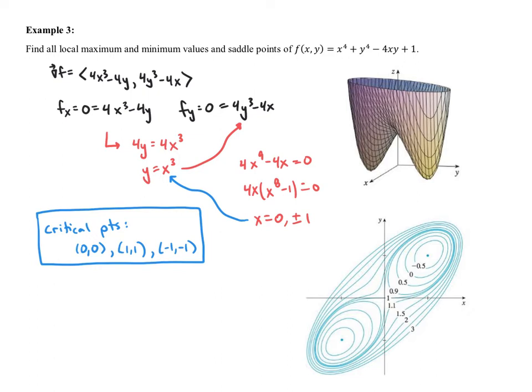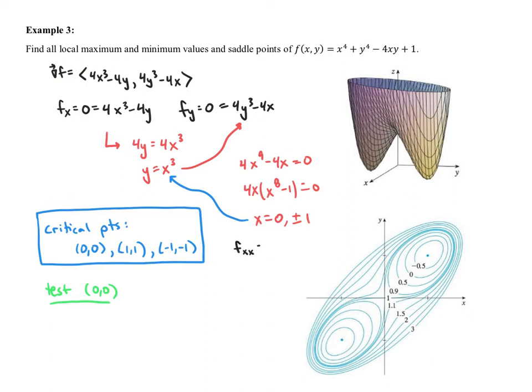So we're going to calculate the second partial derivatives, and then we'll calculate D. So let's test (0, 0) first. Actually, let's do the second derivatives off to the side because we need this for all of them.